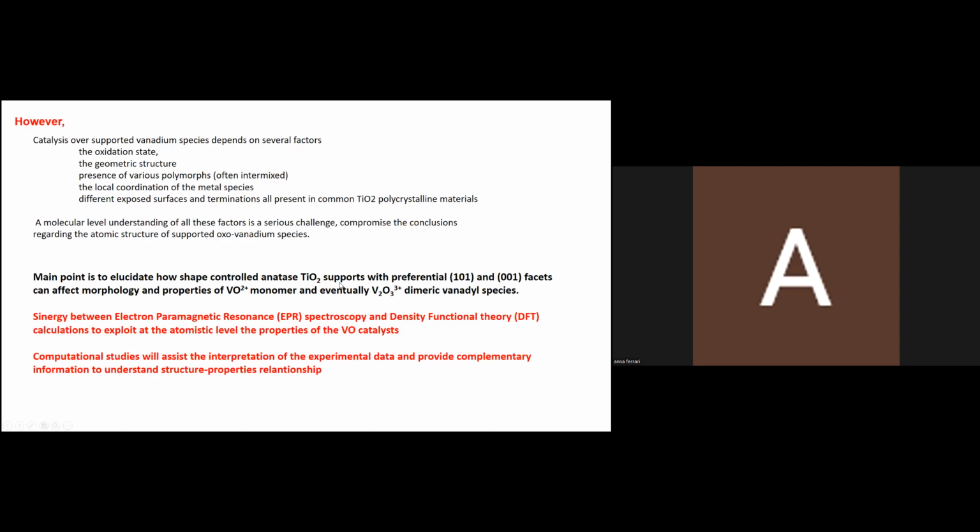Titanium dioxide shows two preferential faces or surfaces, one called 101, the other 001.